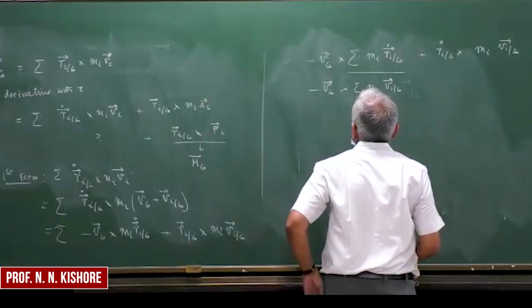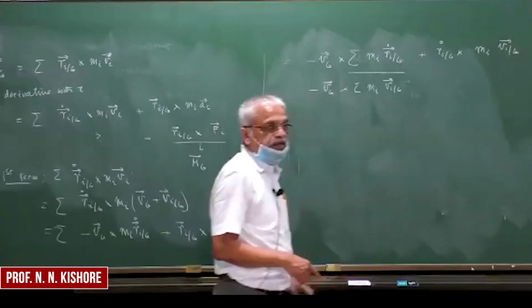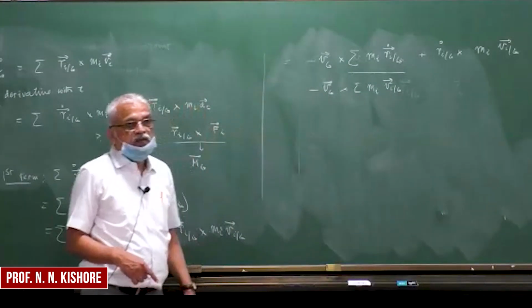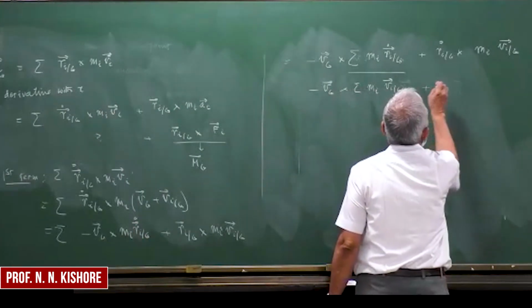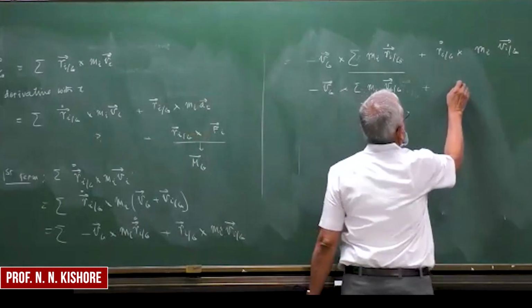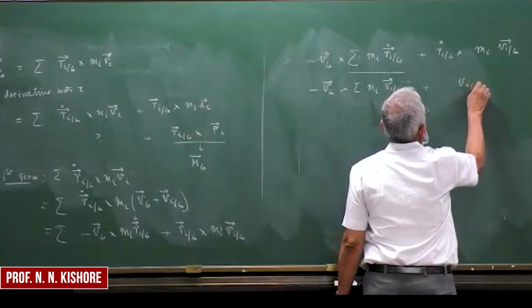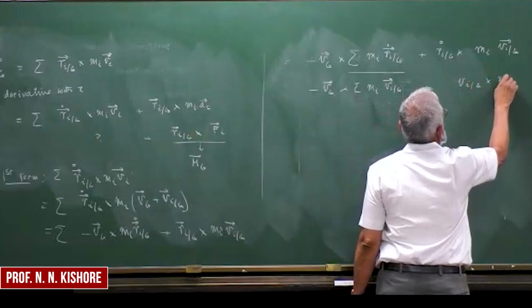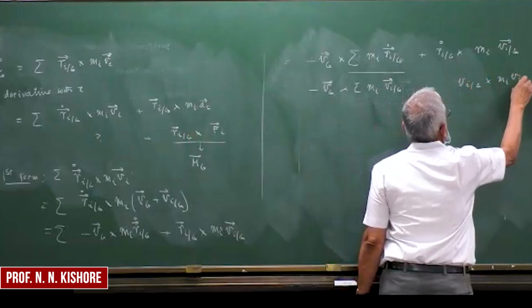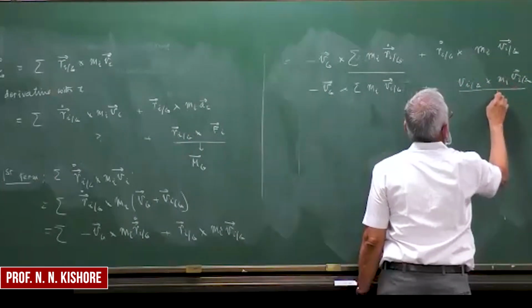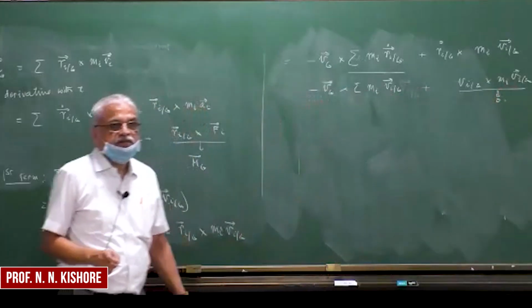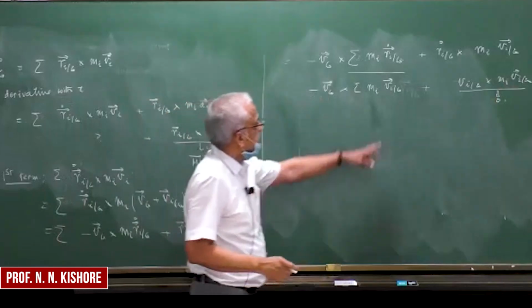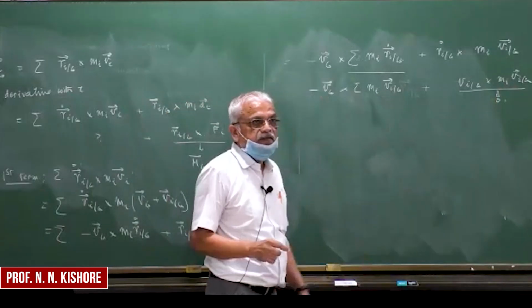Mi Vig is going to be what? How is that Vig cross? Exactly. This is very clear. What about this one, Vig, V cross?